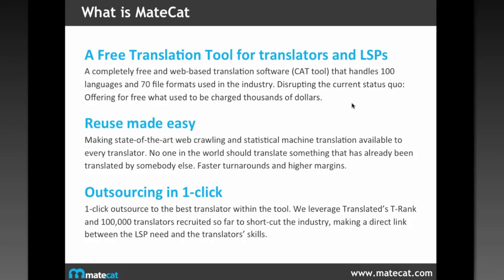Another key element of MateCat is reuse. We want to make reuse very easy. It's not just reusing what you've been translating, but also what everybody else already translated. What we did is we crawled the web, so we went throughout the web and tried to identify the best websites available in multiple languages.